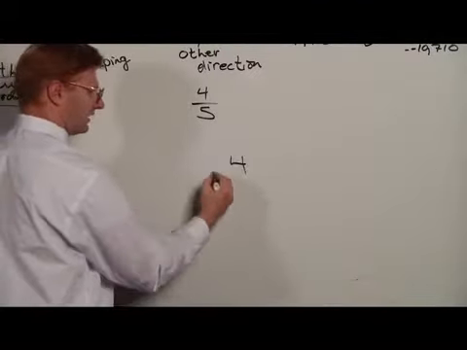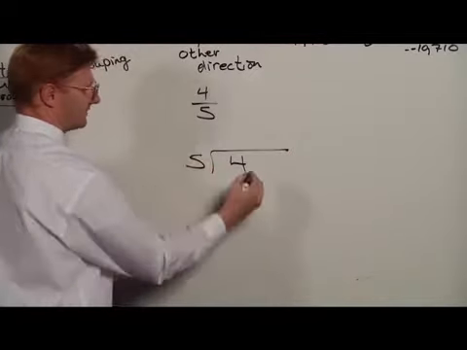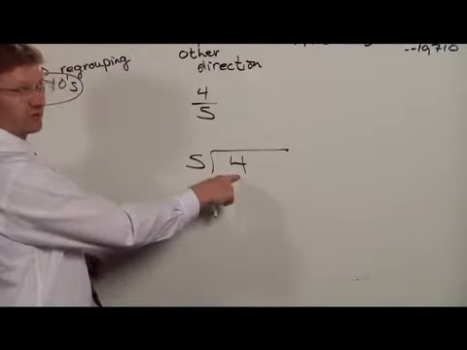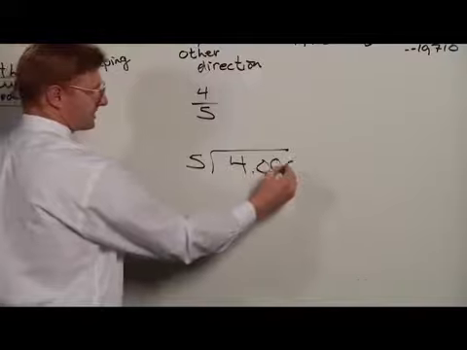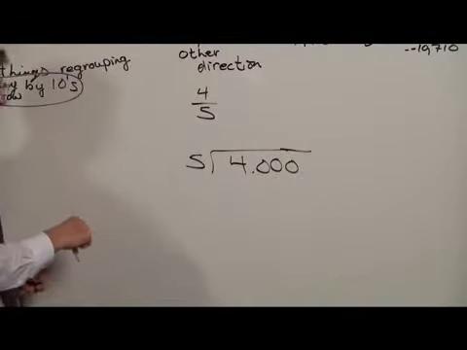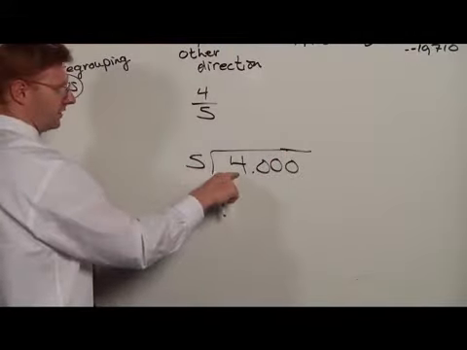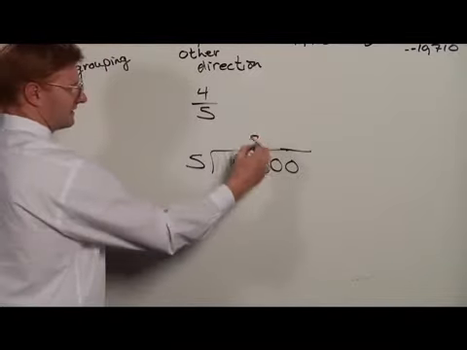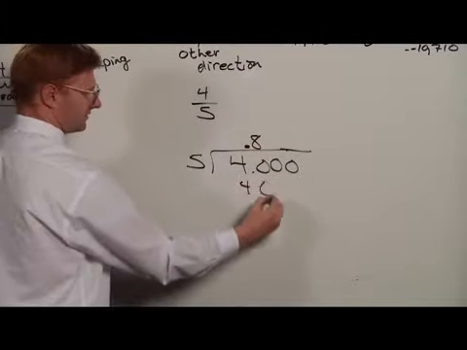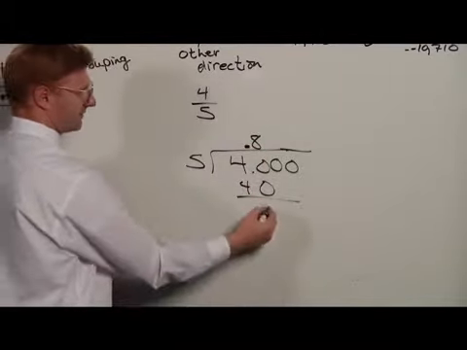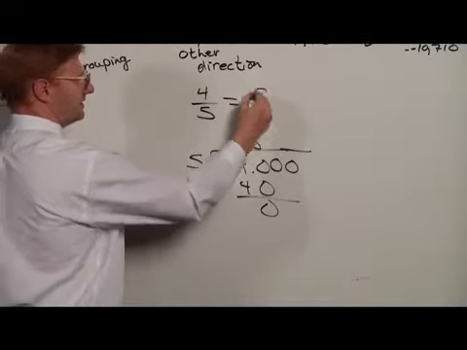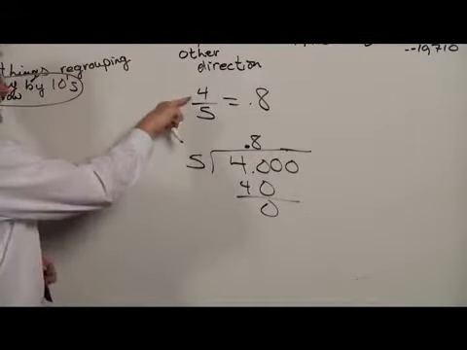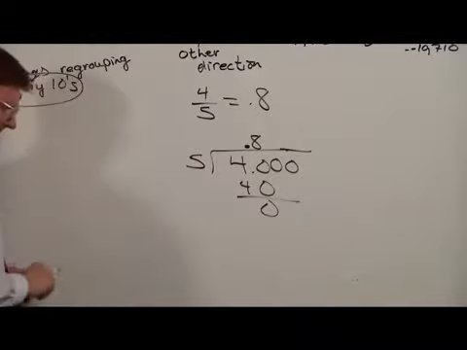We're going to take 4 and divide it by 5. You notice 5 doesn't go into 4. But if you put these zeros here, you can find out exactly what decimal it is. So 5 goes into 40 8 times. Excellent. We now have 0.8.